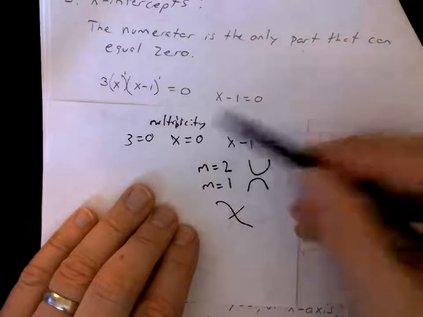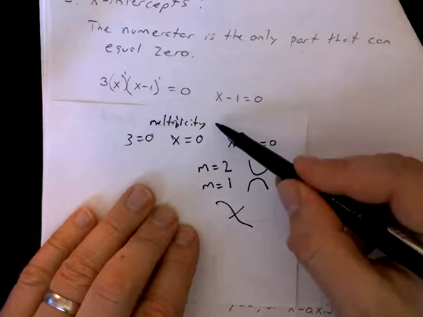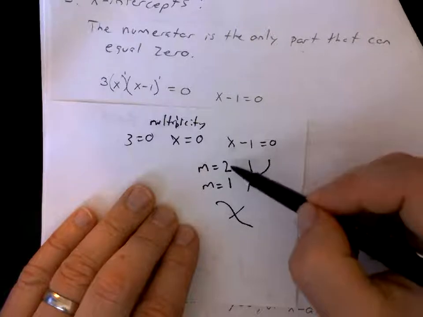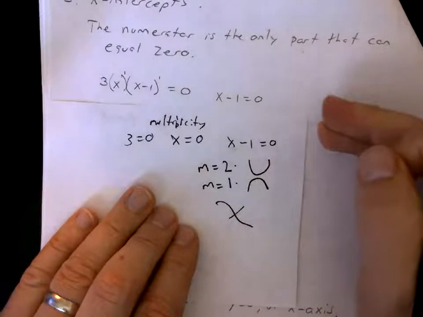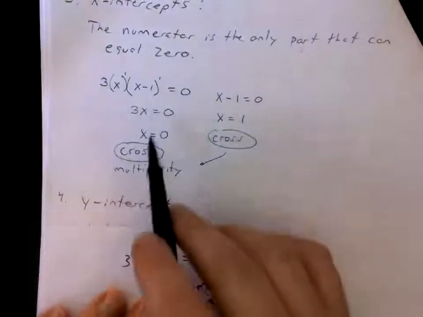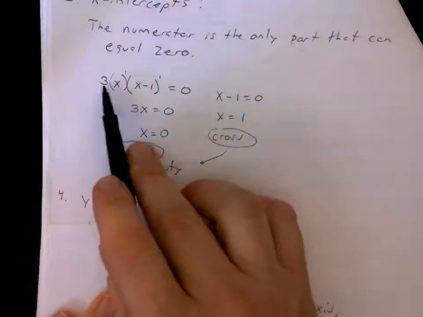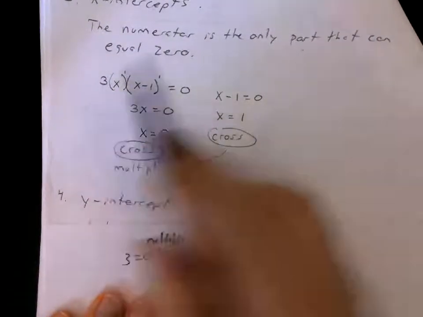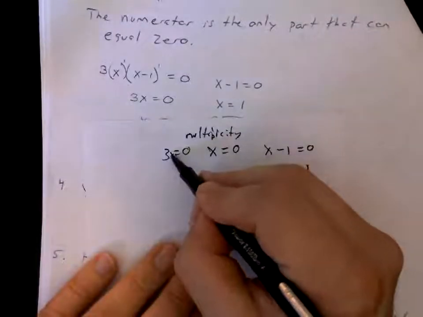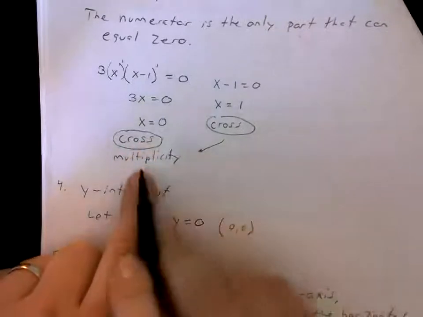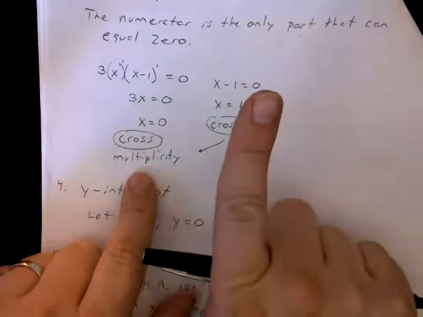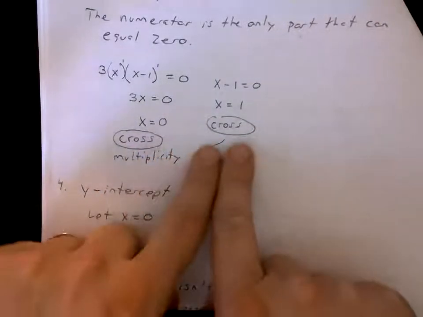So multiplicity tells you whether it is a bounce or a through, and that depends on whether it's even or odd. So this one, 3x equals 0, is what we call a cross, multiplicity of 1. So that's a cross. This is also a cross.